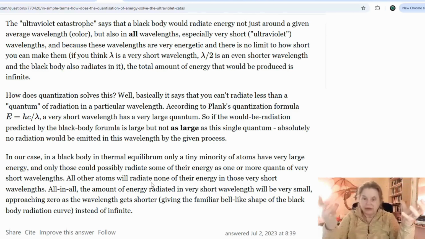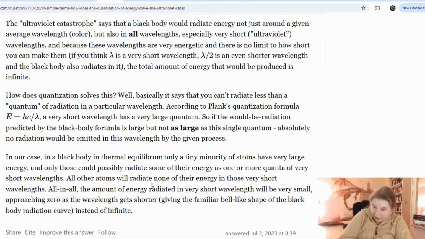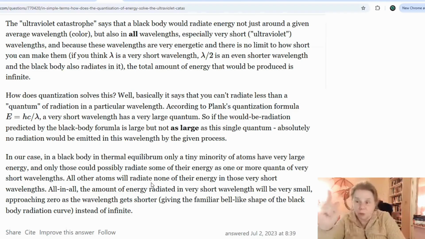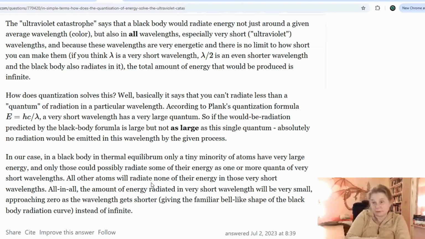Okay? So you get nothing. Just like with the photoelectric effect, if you are below the threshold frequency, you get nothing. All the atoms have got less energy than is needed to provide the energy for one quantum of light energy for these very short wavelengths. So you don't get any, none. It's not that you get a few and it tails off or something. You get none.